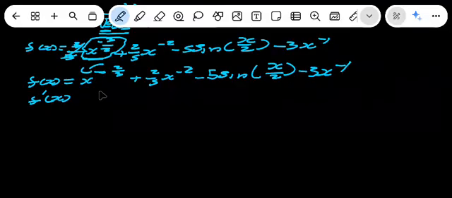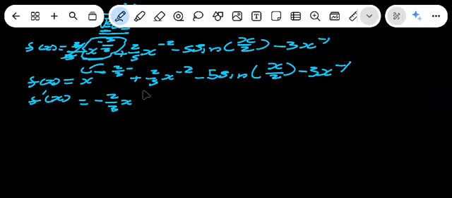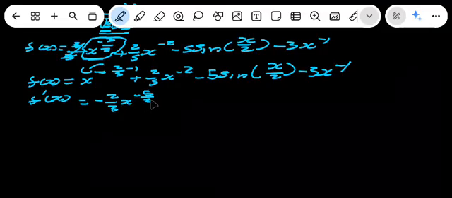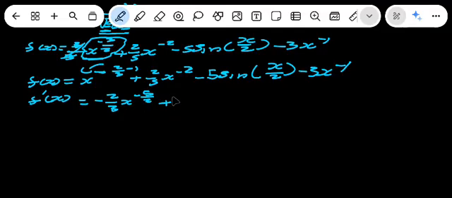You distribute: you multiply by the exponent, so there will be 2 over 3 x, and you subtract 1 on the exponent, which will be minus 5 over 2. Plus, multiplying, that negative will affect the positive: negative 2 multiplied by this will be minus 6.